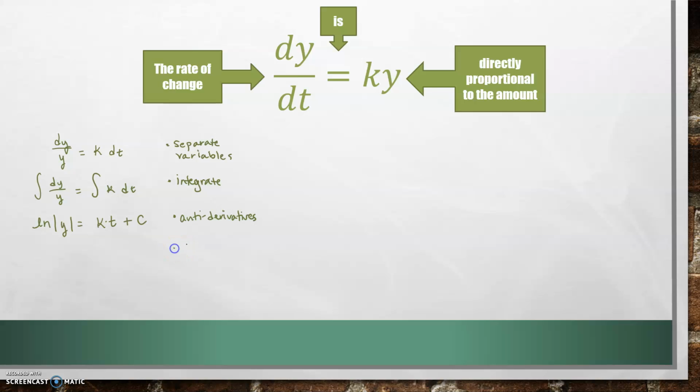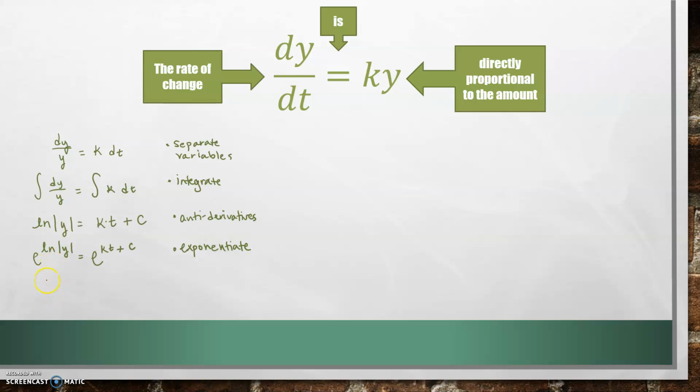So I'm going to raise both sides to the e power, or exponentiate, to get rid of the log. And remember, the plus c was arbitrary, but if we're raising both sides of the equation to the e power, then the plus c has to go up in the exponent.